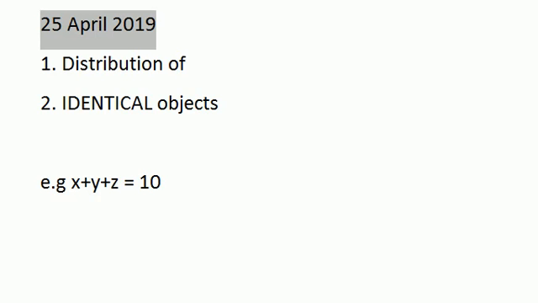The first problem is, in how many ways can 10 identical chocolates be distributed among 3 children, which is equivalent to the number of solutions of the equation x plus y plus z equal to 10, where x, y, z are whole numbers. Now x, y and z are whole numbers.